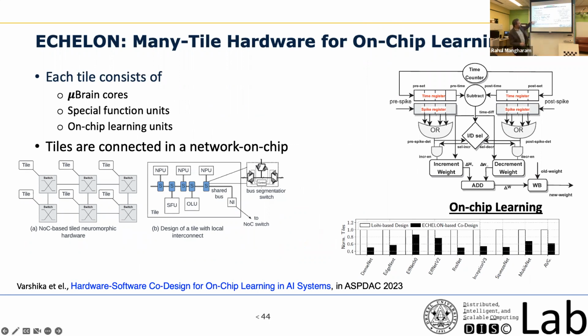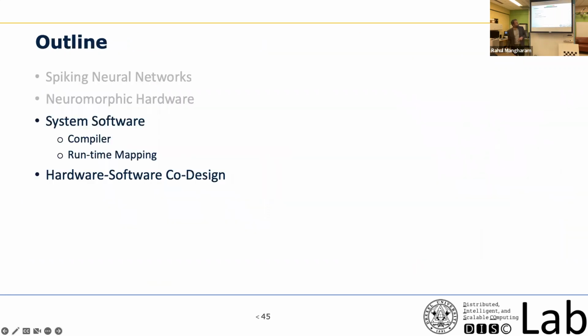Our architecture in that case had each tile with the microbrains, which are the NPU, the neural processing unit, and the OLU, the on-chip learning unit. This is the learning hardware that you can also have inside each tile. Our design, which will be published in January, is called Echelon, a many-core hardware for on-chip learning.